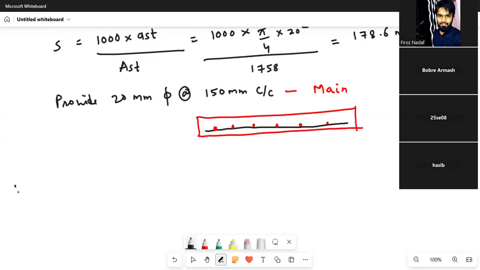IRC 112 code has provided the formula to calculate the distribution steel in the bridge in case of culvert. Okay.